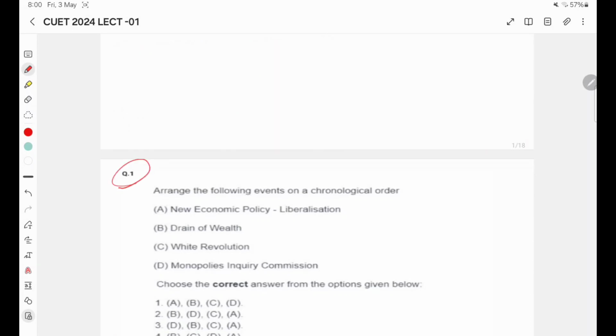So question number 1, it is given that arrange the following events in the chronological order. So you have to make the chronological order of the following options.